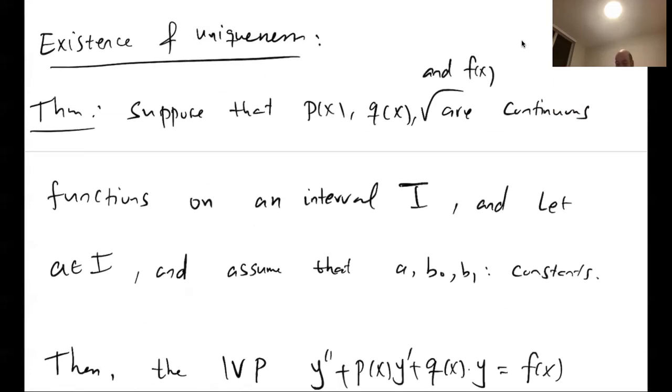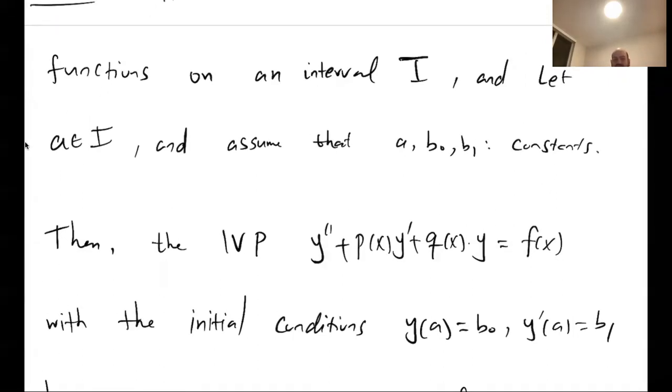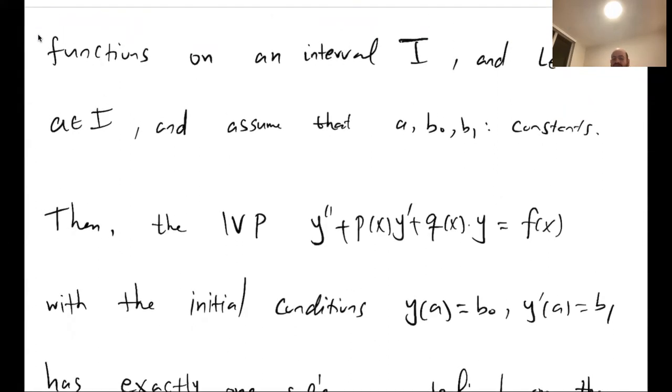So as long as the functions that appear in our ODE are continuous, and as long as we have two initial conditions, because we have a second order ODE here, and as long as all the functions, which are P of X, Q of X, and F of X, are continuous, then we can say that our ODE will have a unique solution.